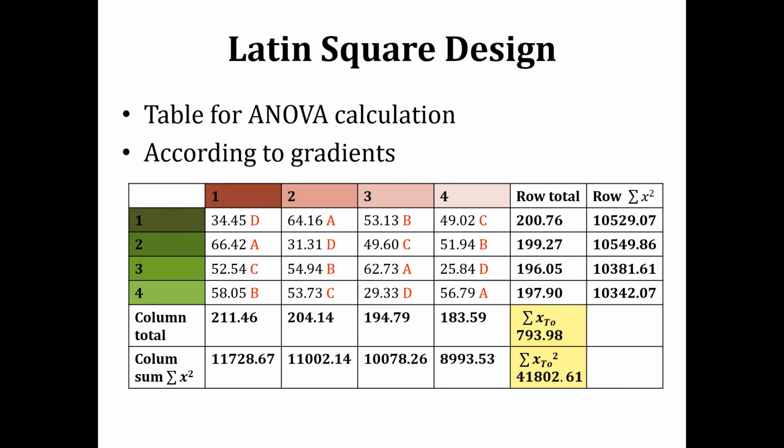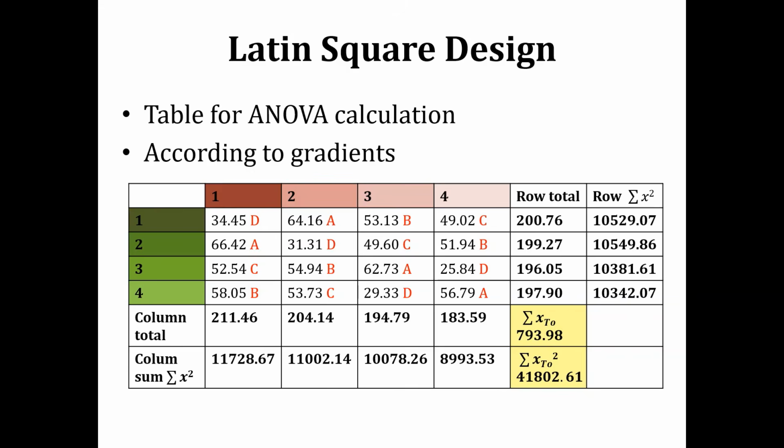And then we have 197.9, and this is the total of row number 4, and the row number 4 is the gradient number 4 of the road, and it also has got all the 4 treatments and all the 4 gradients of the river. So this is how we have obtained our values.